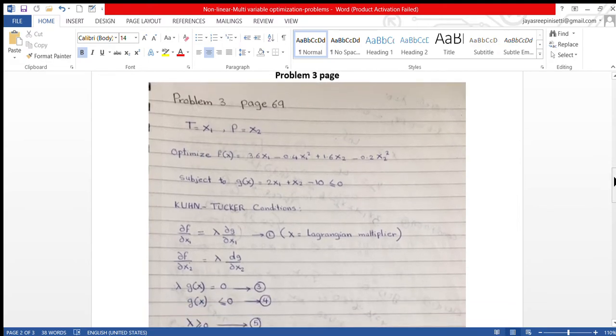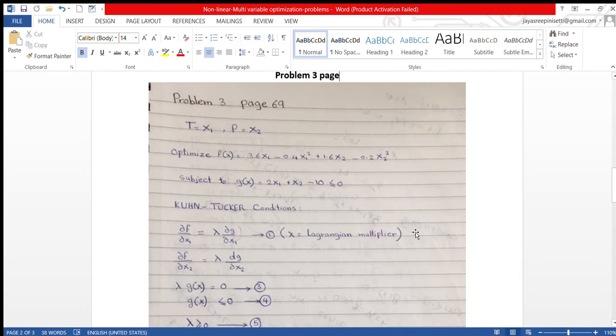The temperature T and pressure P of a process system are related by a linear equation, 2T plus P is less than or equal to 10, and it is necessary to optimize 3.6T minus 0.4T square plus 1.6P minus 0.2P square.